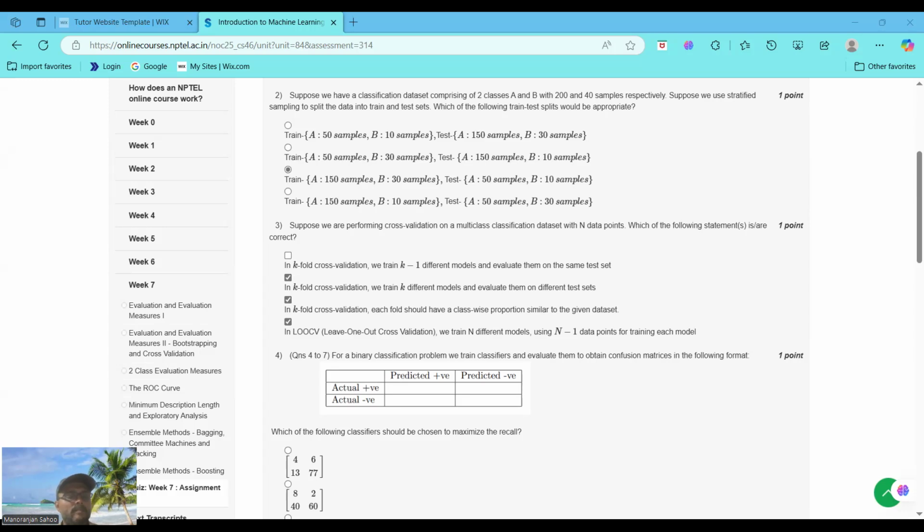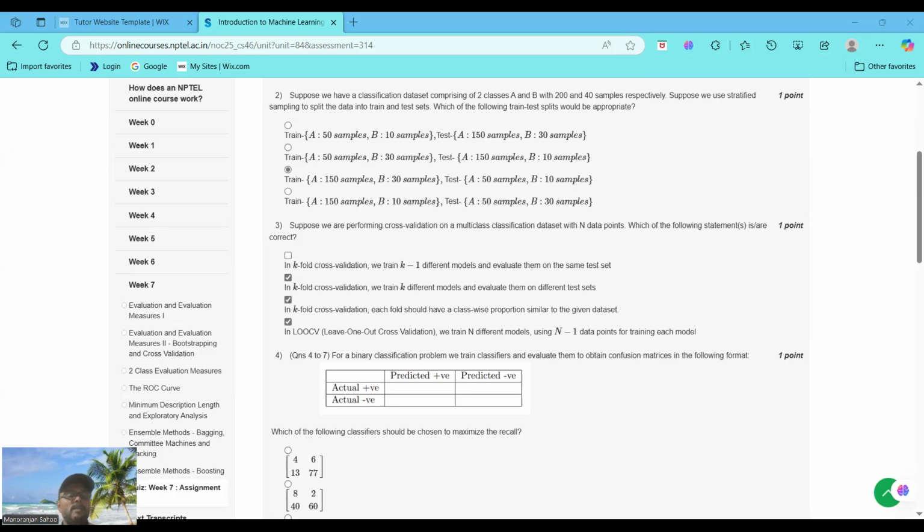A is a false statement because in k-fold cross validation, we train K models, not K minus 1. Each model is trained on K minus 1 folds and tested on a different fold, not the same test. Option B is true.